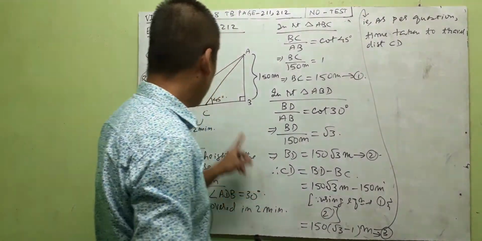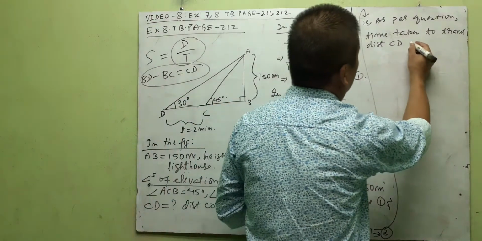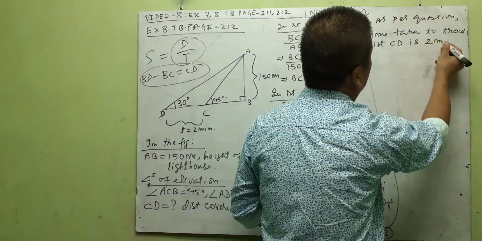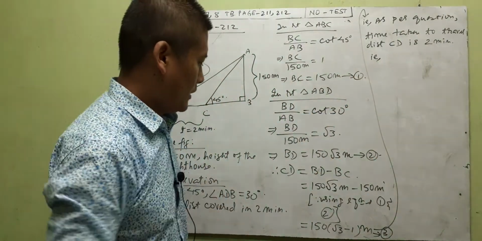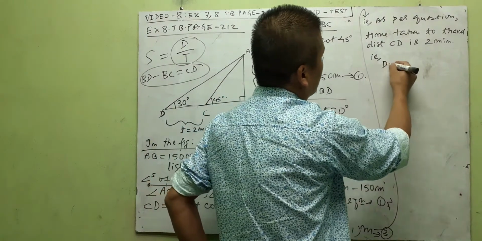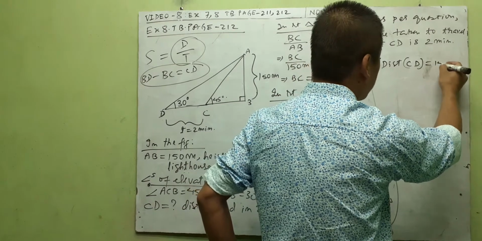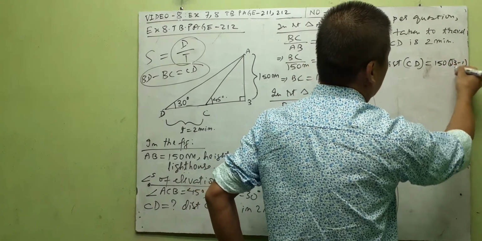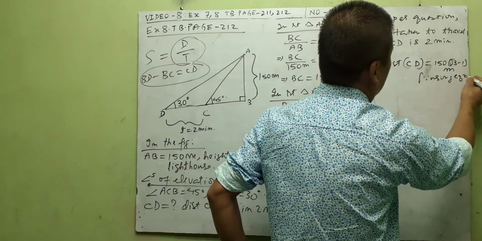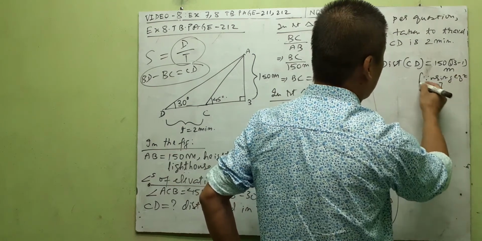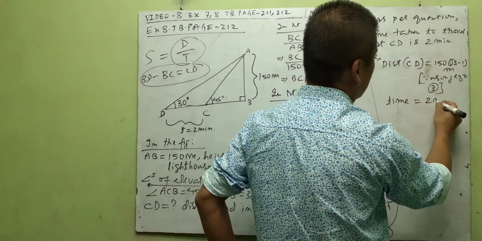The question has said that from C to D, the angle changes from 45 to 30 in 2 minutes. The distance CD covered is equal to 150 into root 3 minus 1 meter, as we get by using equation number 3. And the time is very clearly mentioned here, 2 minutes.